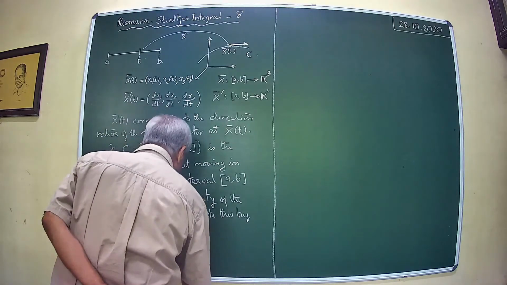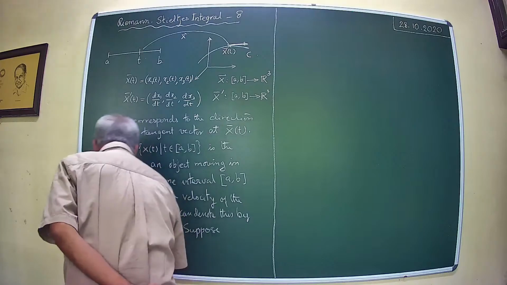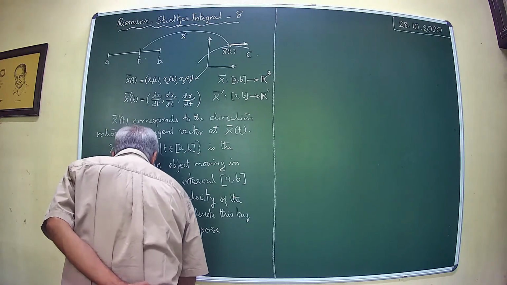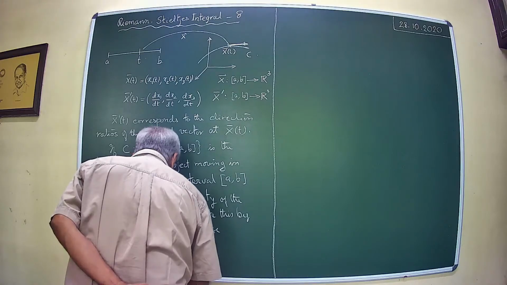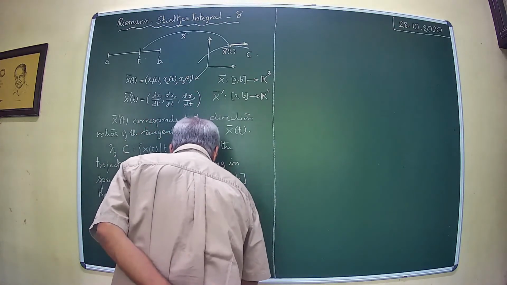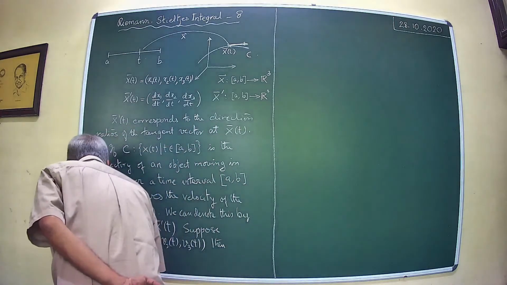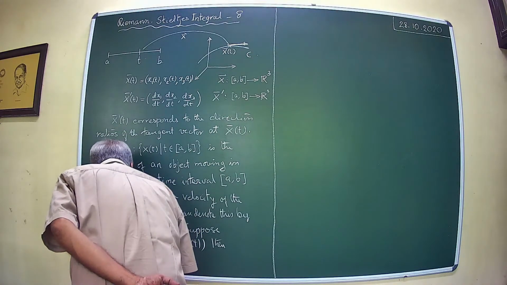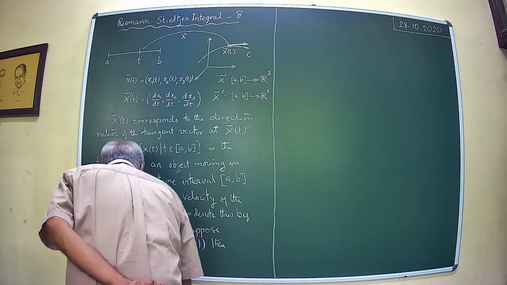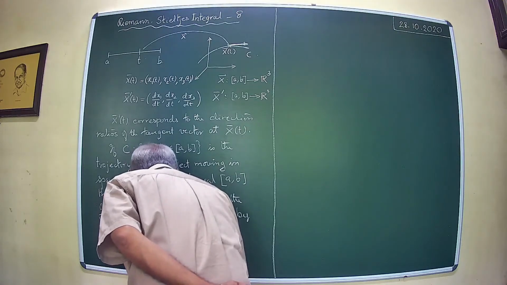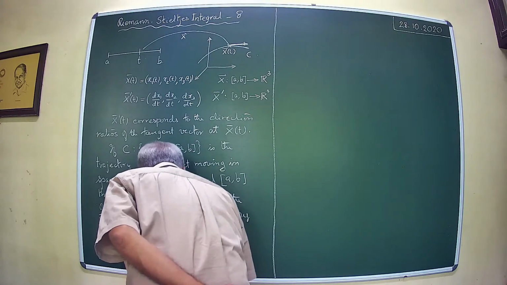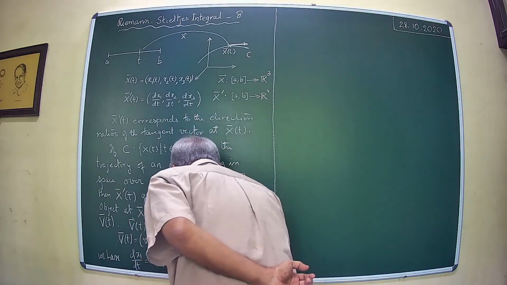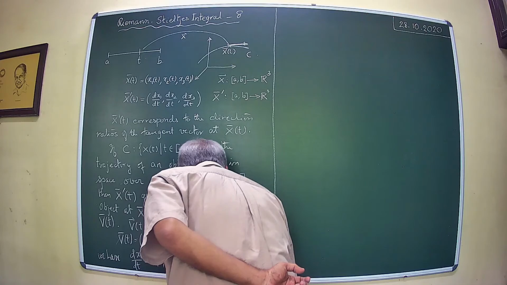Suppose V of t equal to V1 of t, V2 of t, V3 of t, then we have dx1 by dt, dx2 by dt, dx3 by dt.